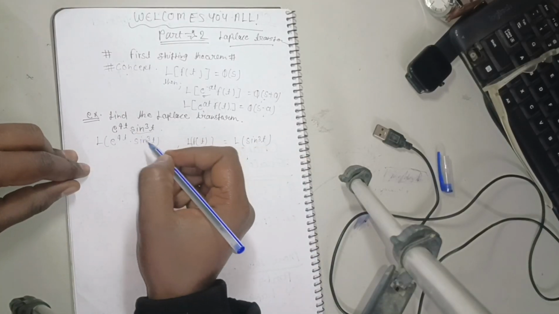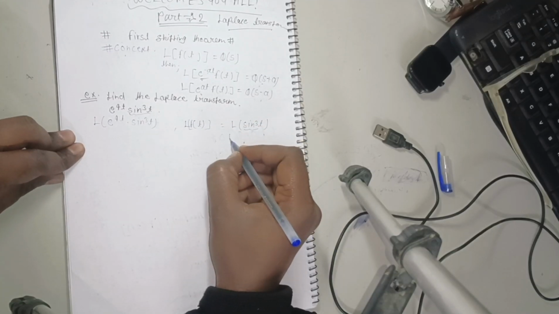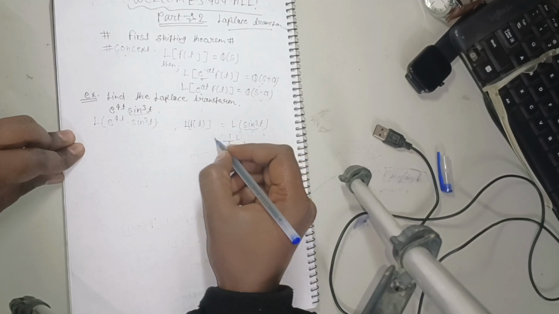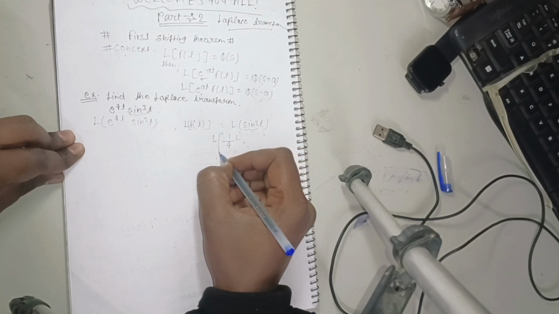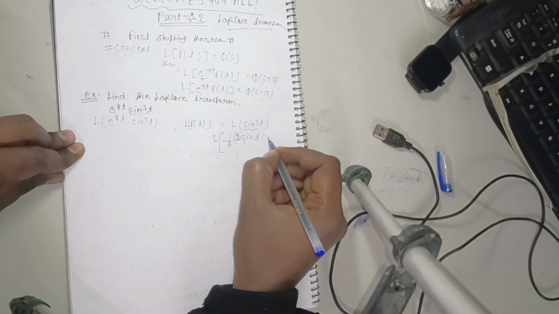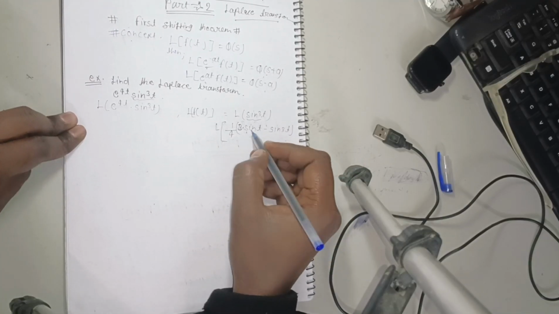Firstly, how can we find the Laplace of sine cube t? Here we will use a formula: sine cube t is 1 upon 4 into 3 sine t minus sine 3t. This is the formula which we have used.